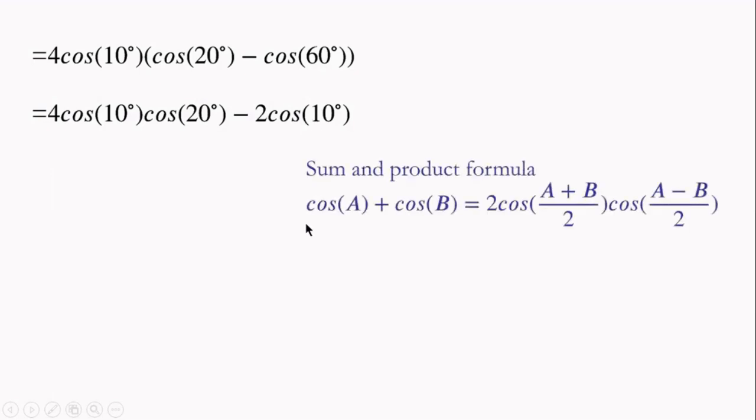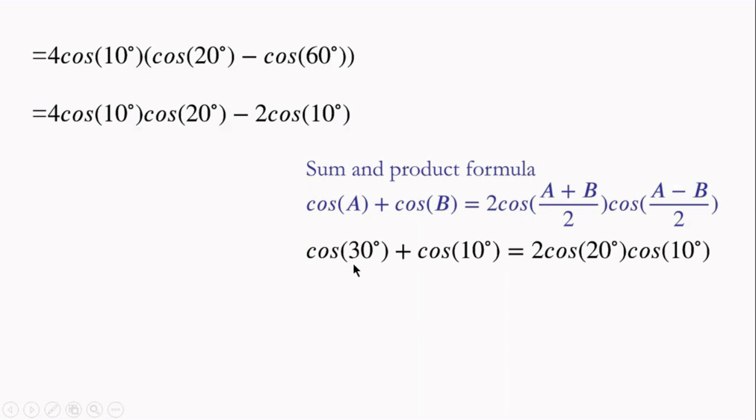Sum and product formula: cosine A plus cosine B equals 2 cosine (A plus B) over 2 cosine (A minus B) over 2. So cosine 30 degrees plus cosine 10 degrees can be written as 2 cosine 20 degrees cosine 10 degrees.